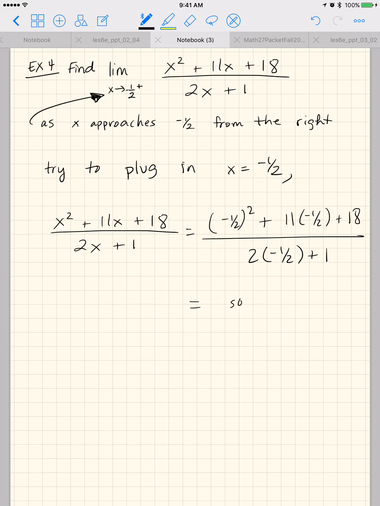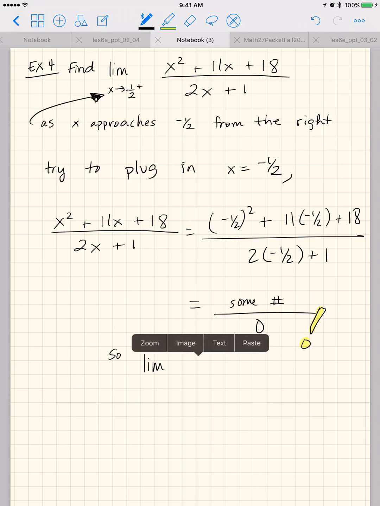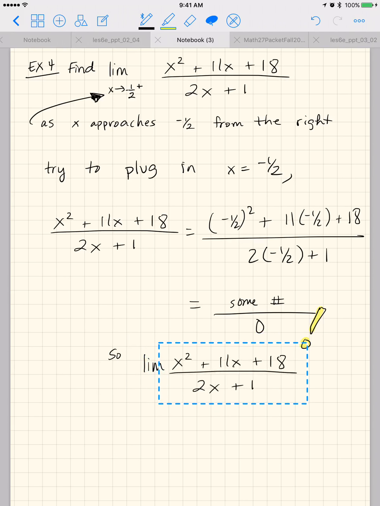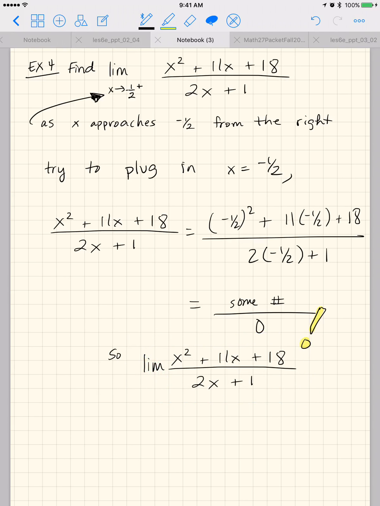So this is some finite number divided by 0, and I can't divide by 0. In this case, I know that my limit as x goes to negative 1/2 is going to be plus or minus infinity.